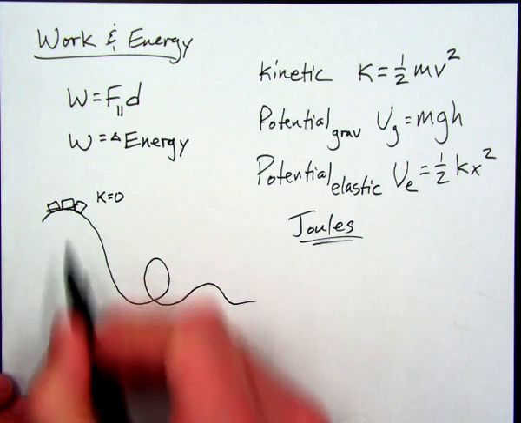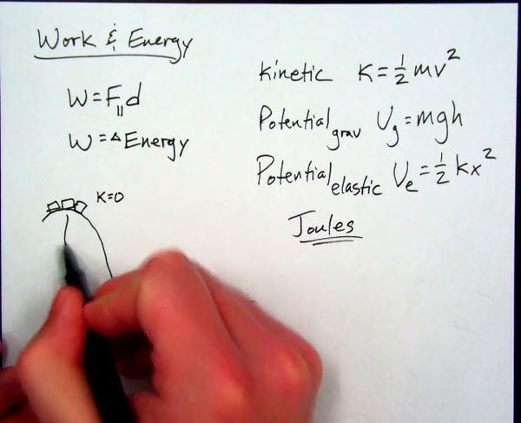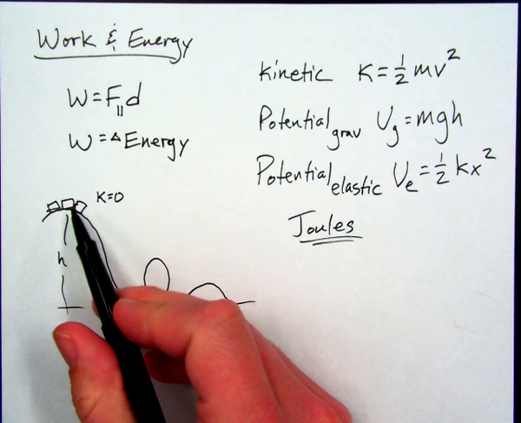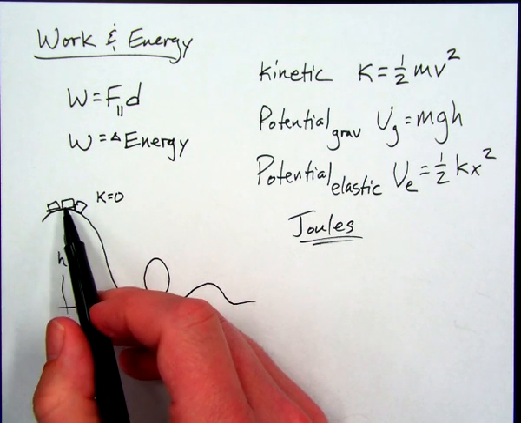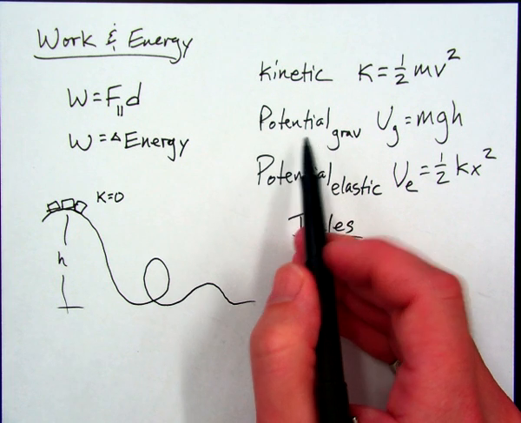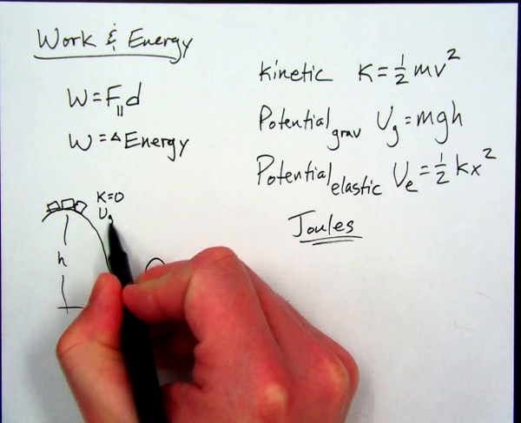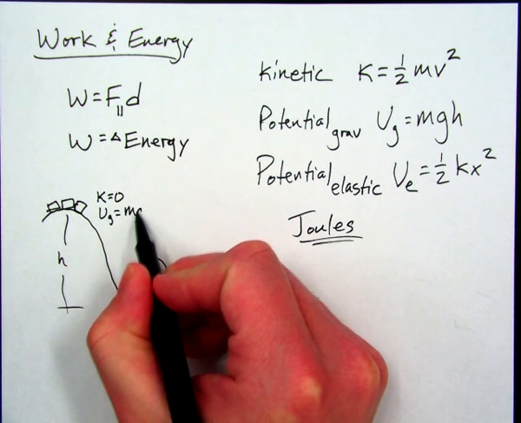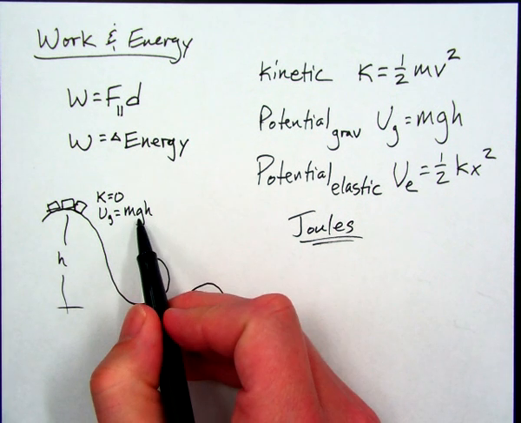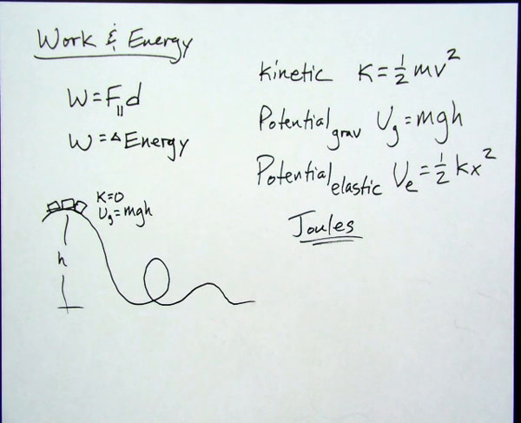But this roller coaster is way up high. It has some height here above the ground, and we would call the energy that it has stored up against gravity gravitational potential energy. And if I needed to find out what that is, I could say mgh, the mass of the roller coaster, times 9.8 times the height in meters.